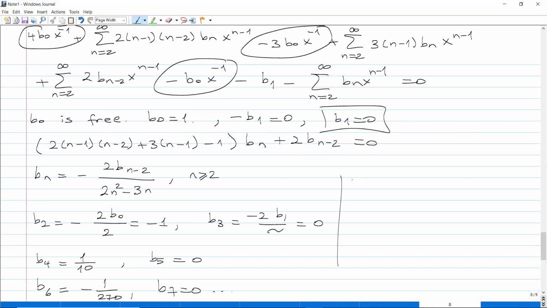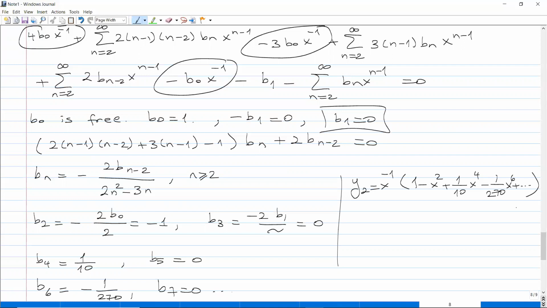So the second solution, x to the power minus 1, b0 is 1, b1 is 0, b2 is minus 1, so minus x squared, b3 is 0, b4 is 1 over 10, x to the 4, b5 is 0, b6 minus 1 over 270, x to the 6, and so on.